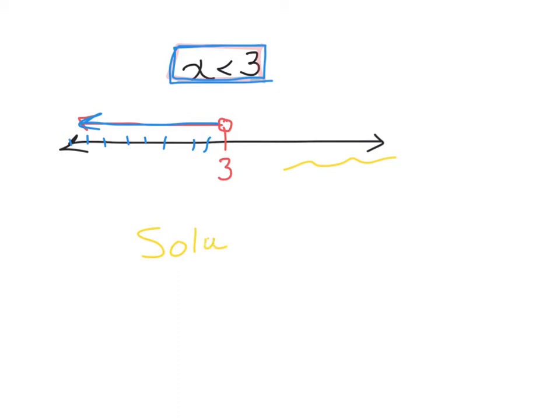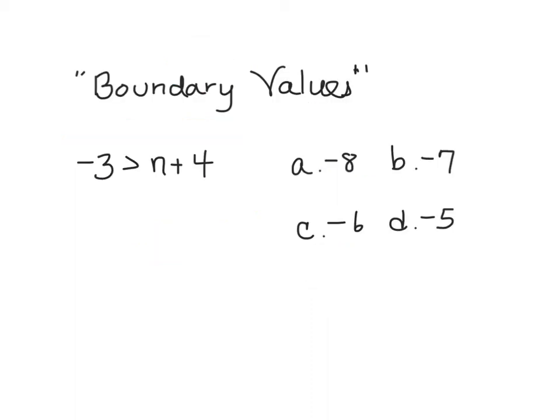So keep that phrase in mind, okay? That number 3, that division between what's included and what's excluded, has a name that's called the boundary value. And what we do is we decide, is that boundary value included or excluded? Okay, so a couple of phrases to keep in mind.